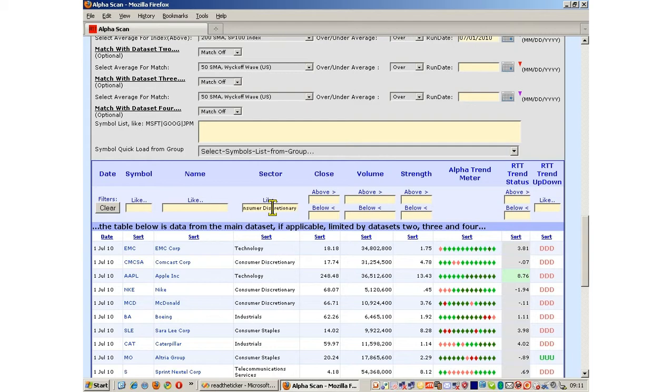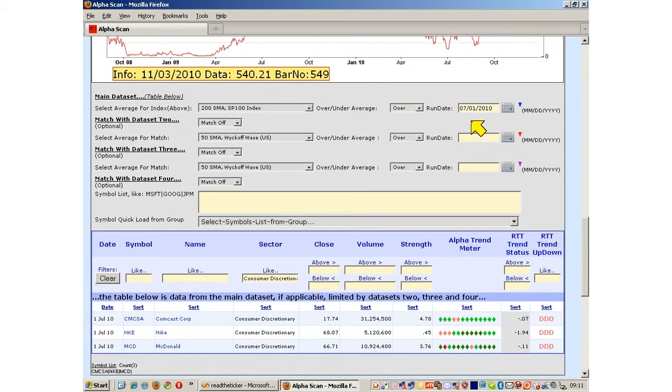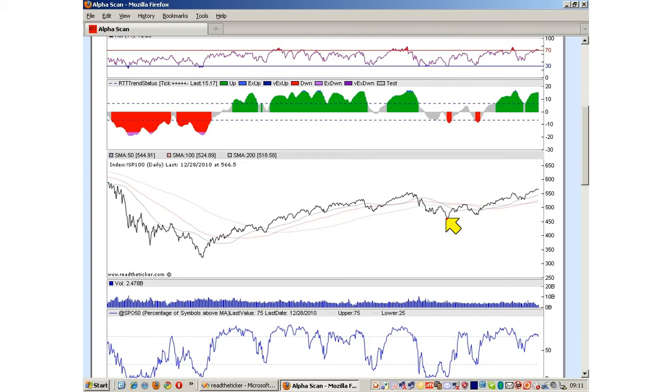So I put that in there and filter on that. Okay. So at the moment, we have 3 stocks on the 7th of the 1st over their 200-day moving average, which is about here on the benchmark index.